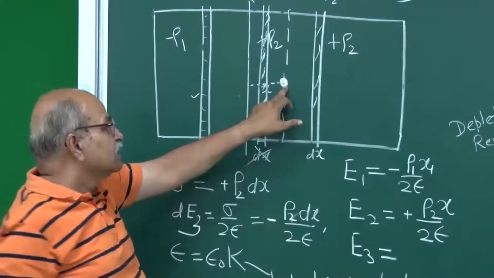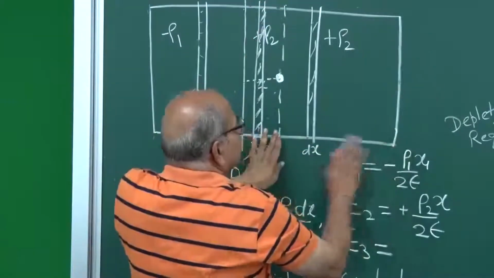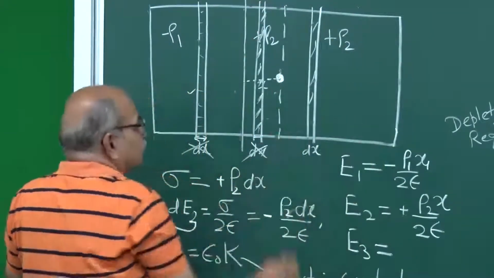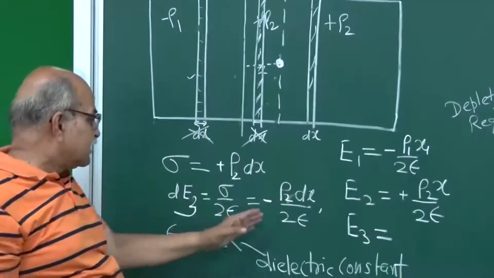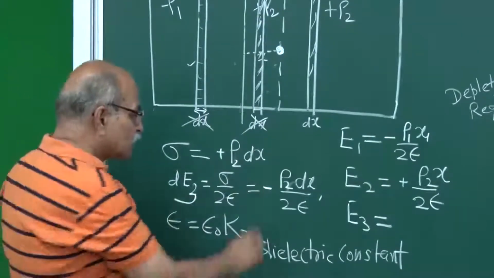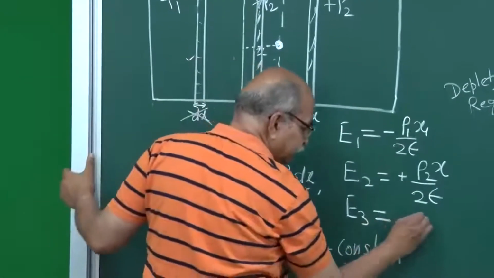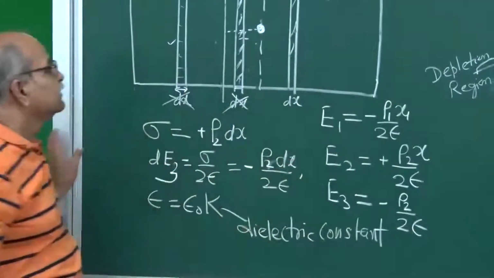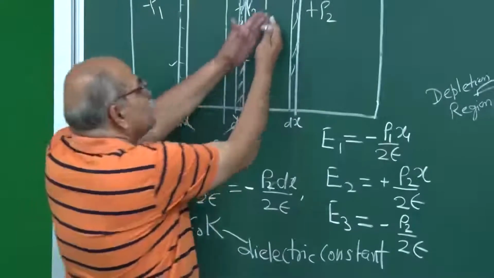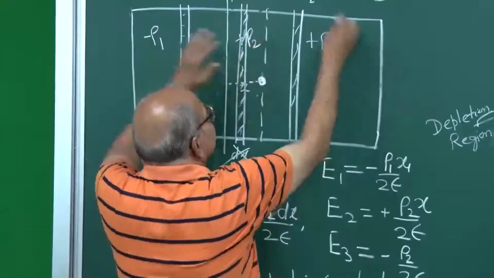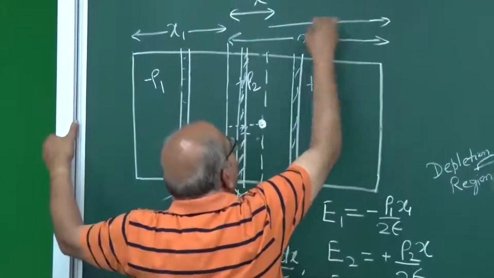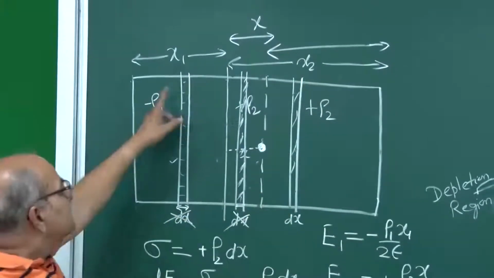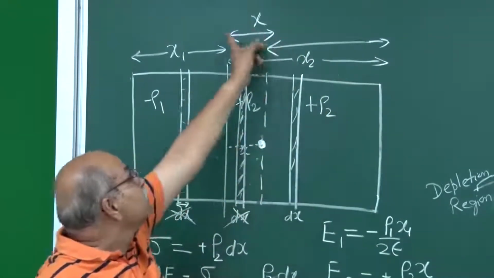So the third part is the electric field due to this much, and when you integrate, you will have minus rho 2 over 2 epsilon, and then dx integrates to this length. How much is this length? This length is x2 minus x.